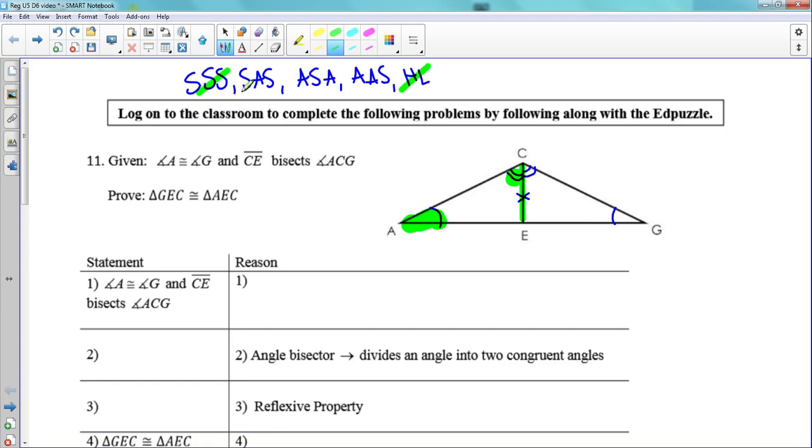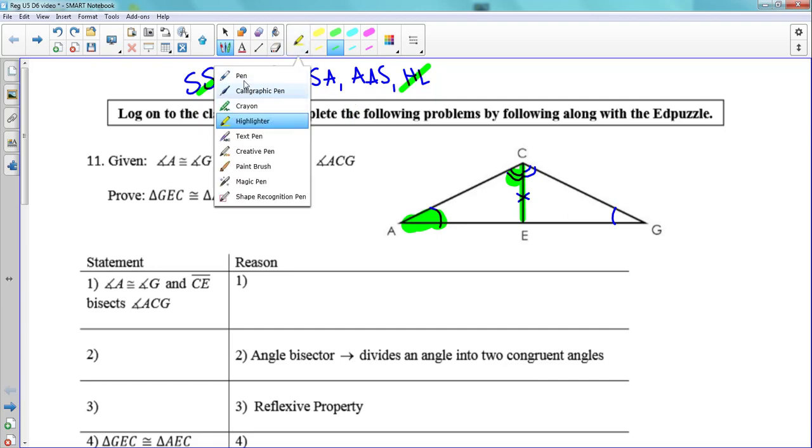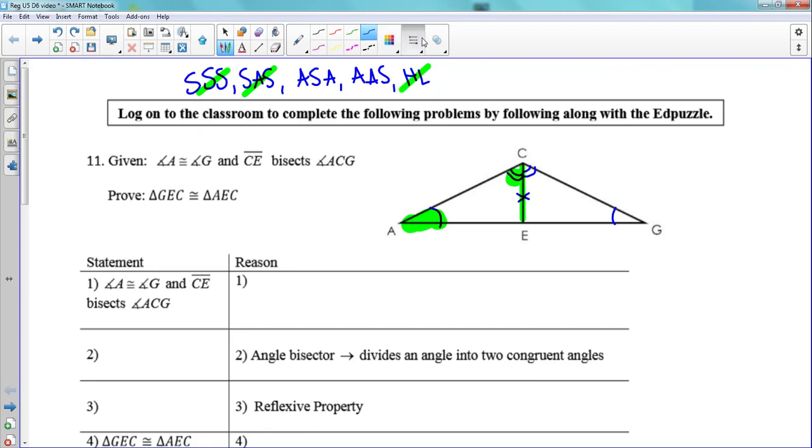So I have to decide between angle, side, angle, and angle, angle, side. Which method do you think that we will use? That's right, we're going to use the angle, angle, side method because only one of our angles touches that side. So we are going to use angle, angle, side.